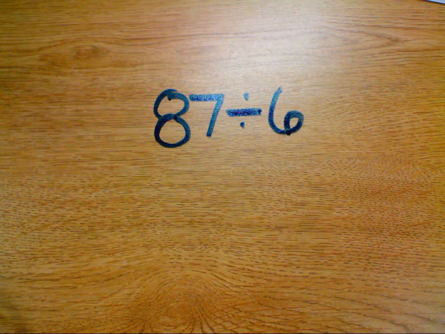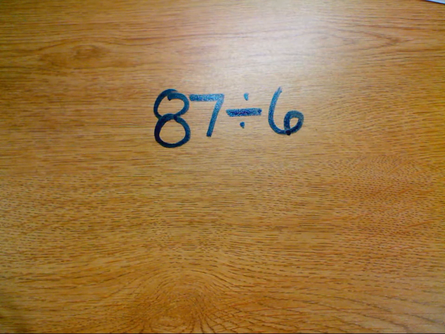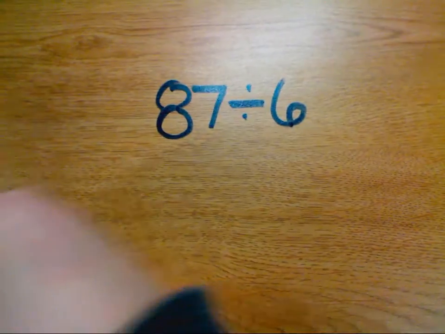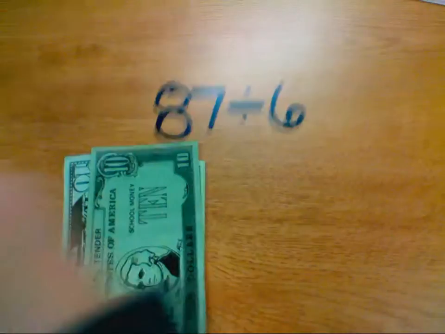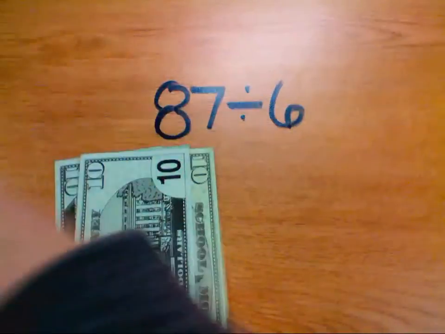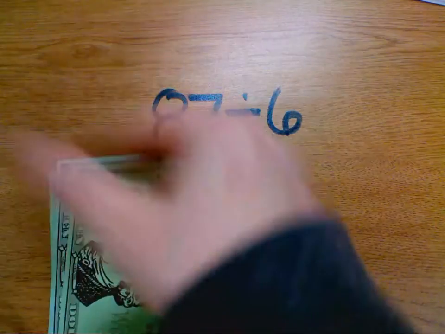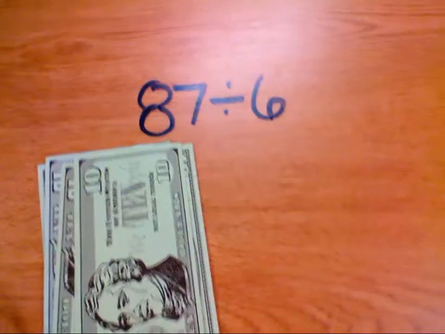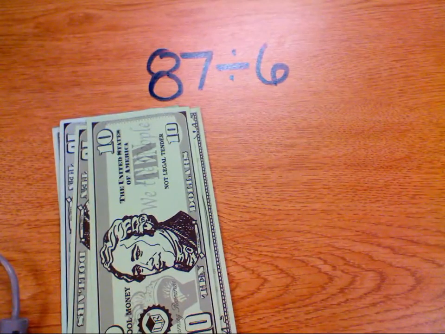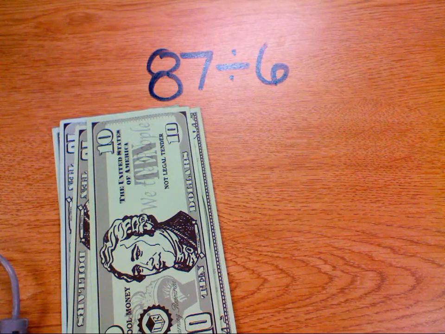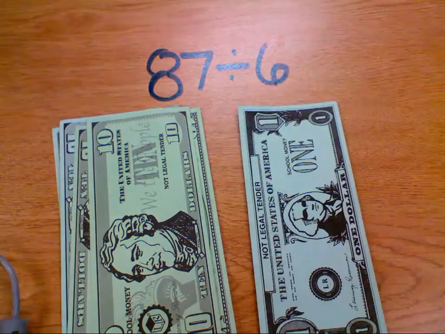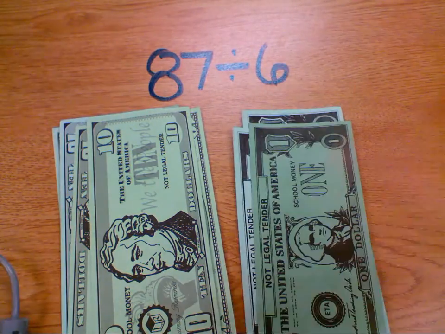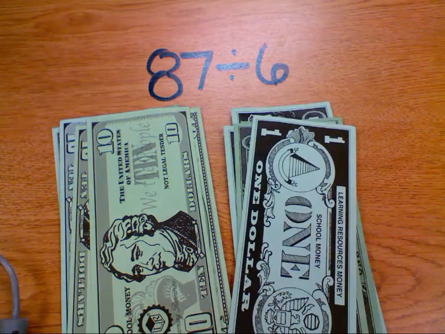All right, so first and foremost, I notice that I have 80 in my tens place, so I need 8 tens. 3, 4, 5, 6, 7, and 8. Okay. And I need 7 ones for the 7 in my ones place. 1, 2, 3, 4, 5, 6, and 7.